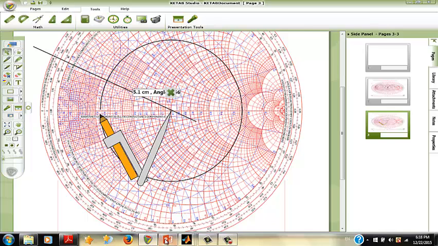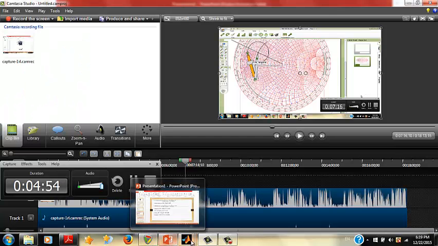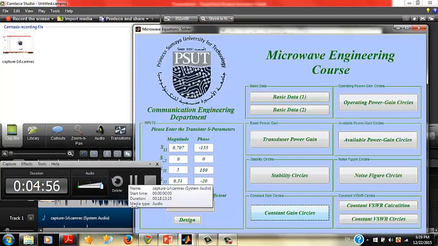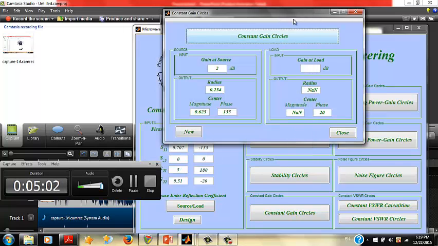We found the center, and now the radius from the calculator. The radius is 0.254.